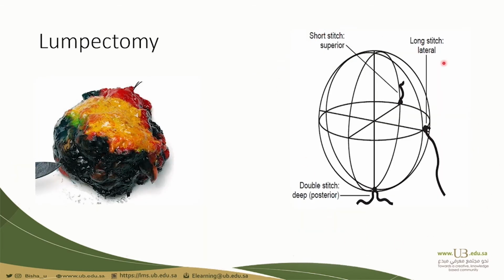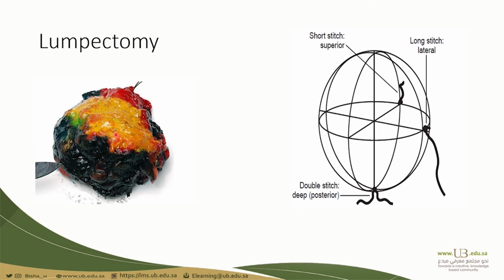Once you take the lump out, you have to put markers for the histopathologist, because once he takes it out, he will ink it with different colors, and he will put it under the microscope to see if any of these margins are involved with the tumor.